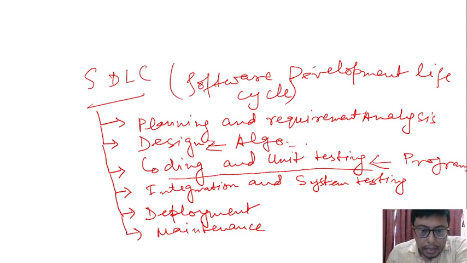Okay. Then comes the integration and system testing. Once the modules are developed, the modules are integrated. And during the process of integration, if any bugs arise, then the testing team will again raise that bug and assign that bug to the development team.